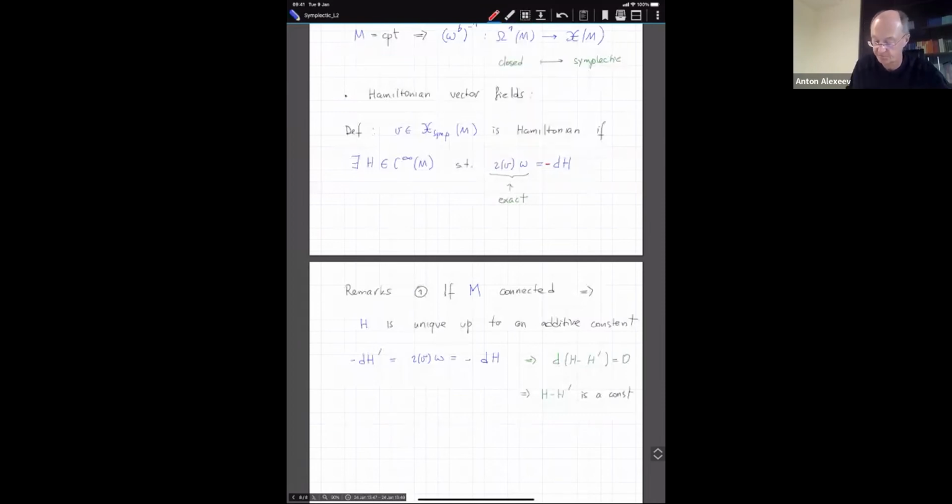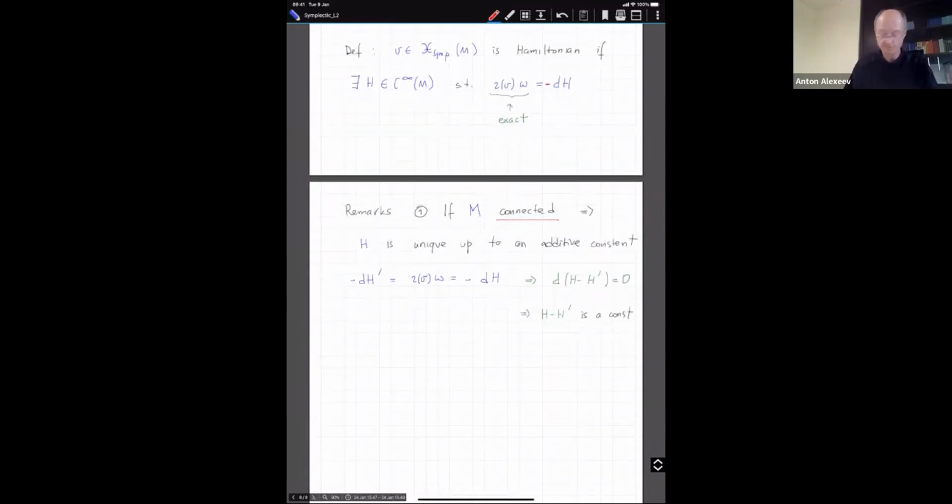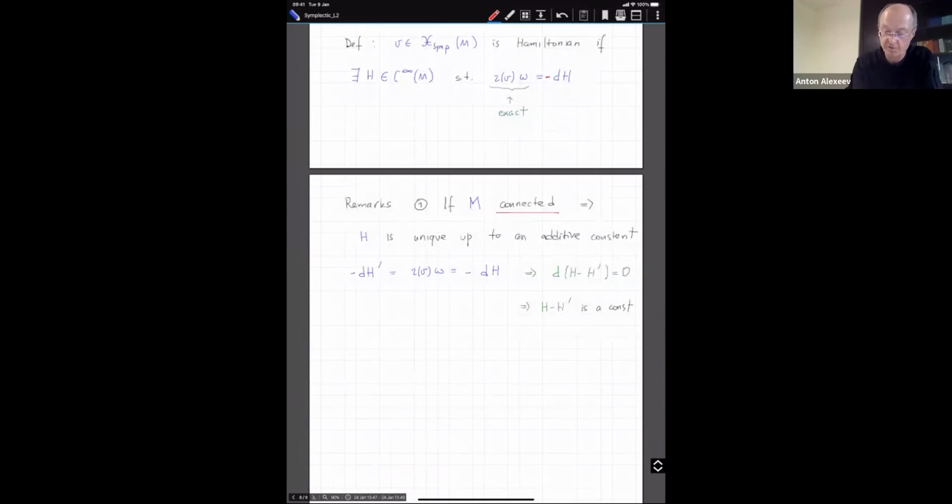So here you need connectedness, but typically we always work with connected manifolds.